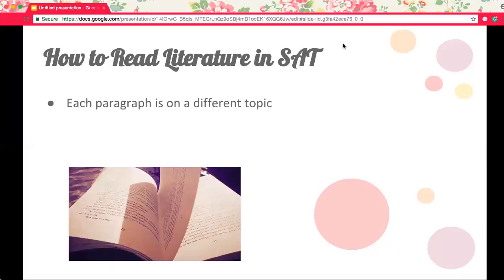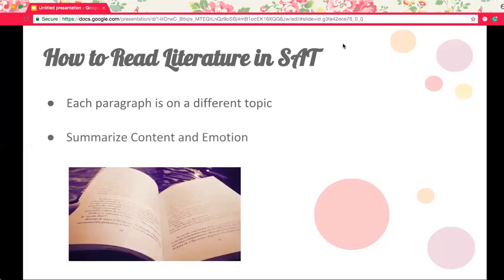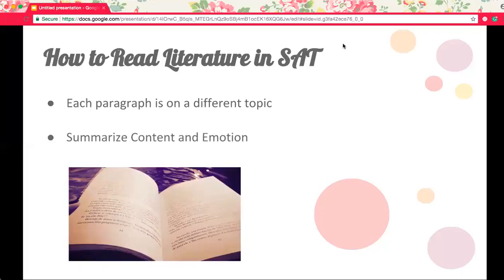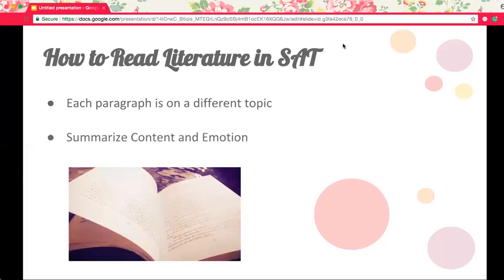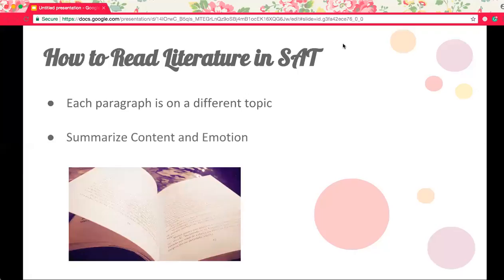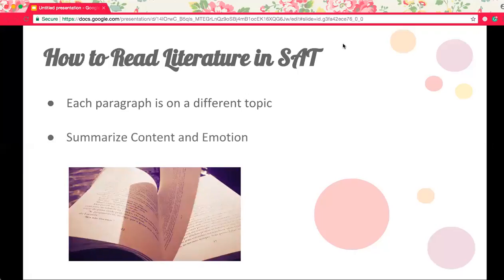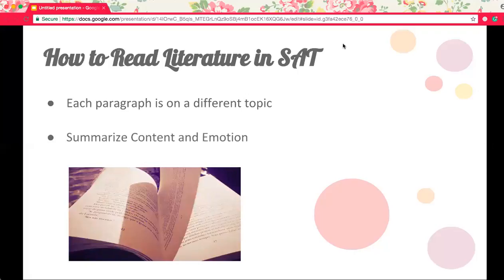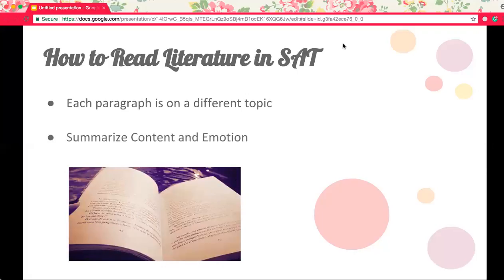So when you are reading a passage, you need to summarize the content of each paragraph as well as the emotion, like what kind of emotional feelings the author is trying to express in the passage. Is the main character happy, sad, angry, or feeling any other controversial emotions? That's what you need to summarize.